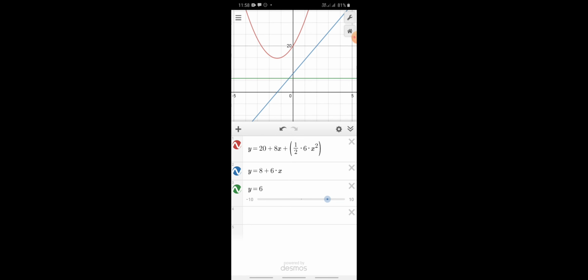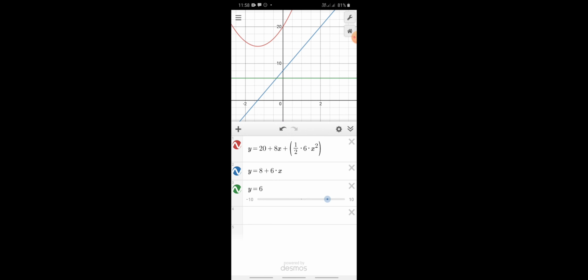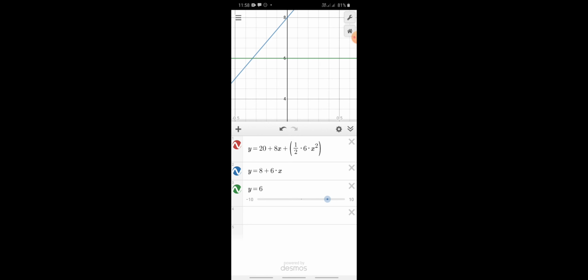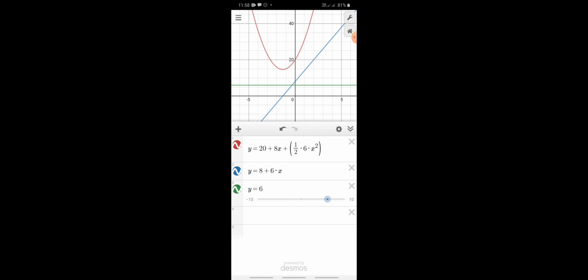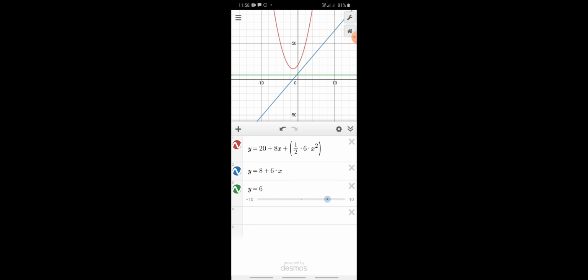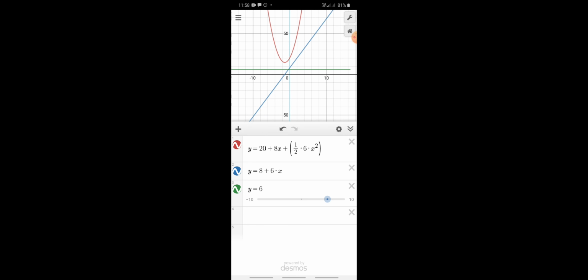And the acceleration here is 6 because it's part of half at square. So acceleration is 6, and you can see that the acceleration graph, the green graph, starts at 6. So that's the basic equation. It satisfies the plot, and in the second equation, the velocity plot, you can see clearly that v is equal to u plus at, where u is 8 and a is 6.